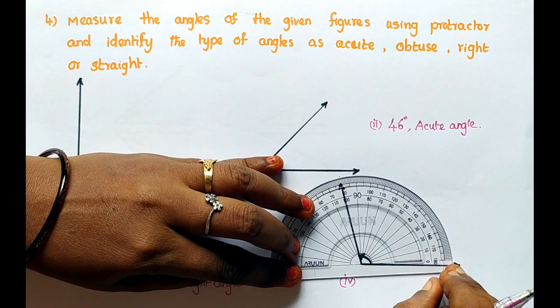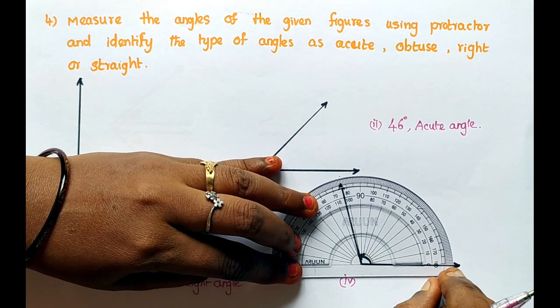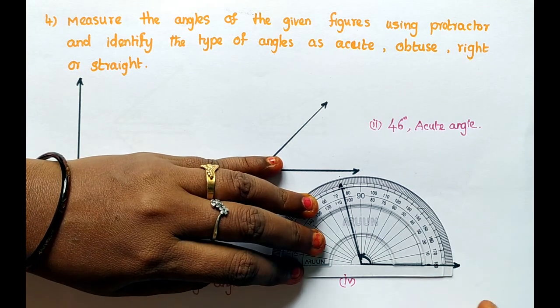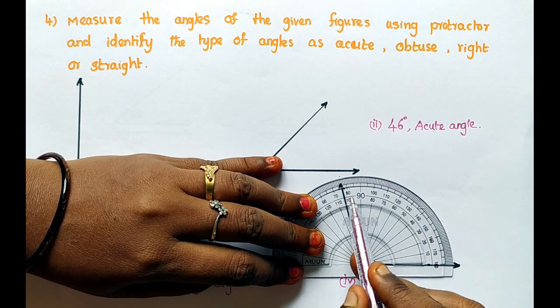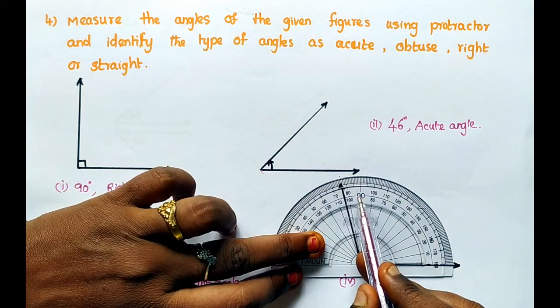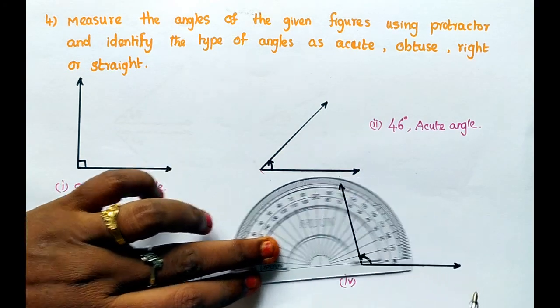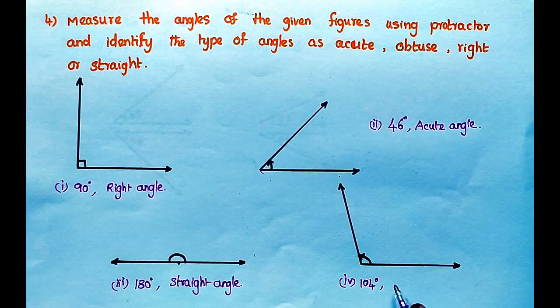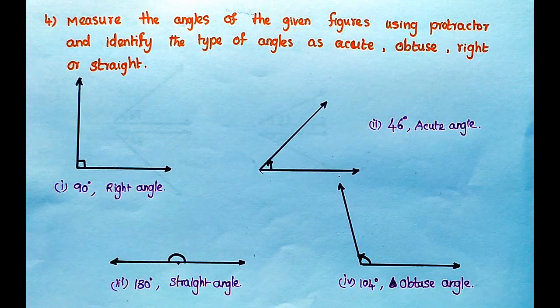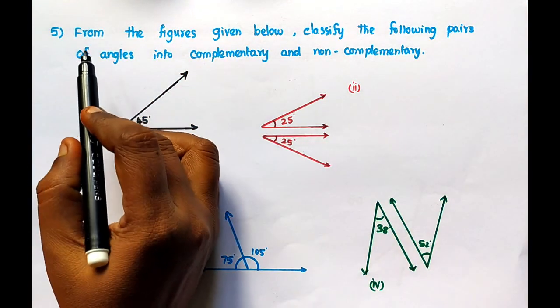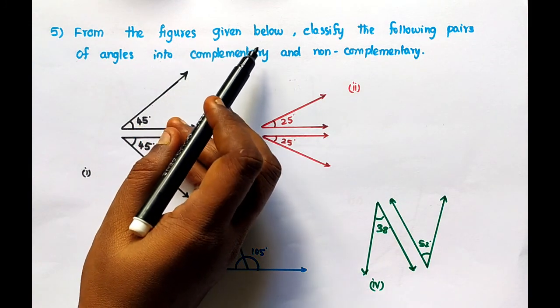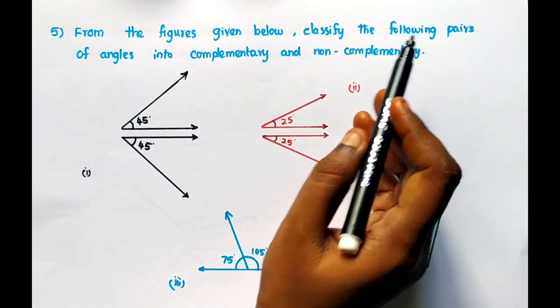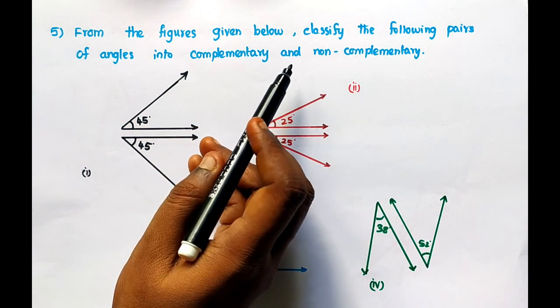How much is this? 90, 100, 104. That is above 90, so obtuse angle. That is the answer.